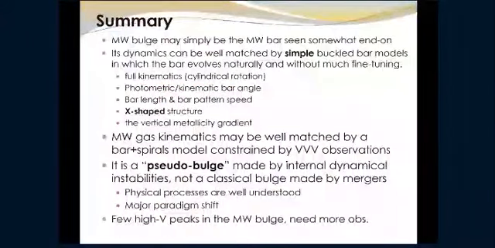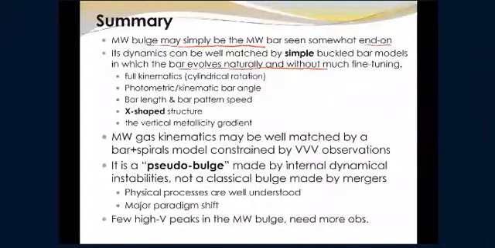So this is a summary with some take-home messages. The Milky Way bulge may just be the Milky Way bar seen somewhat end-on, and its dynamics can be well matched by simple buckled bar models in which the bar evolves naturally and without much fine-tuning.